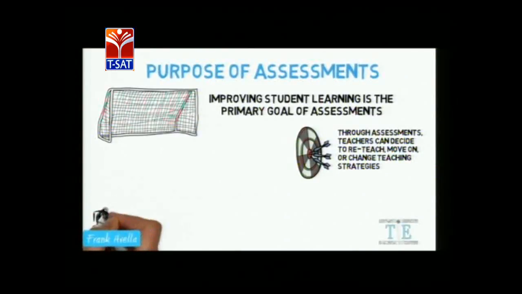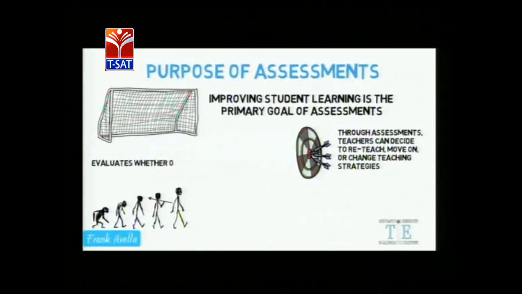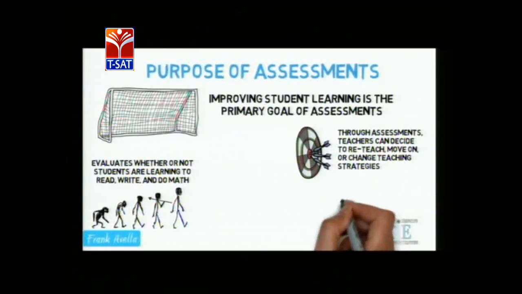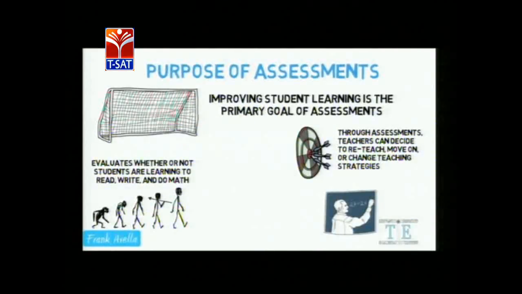Now, on a larger scale, assessments are used for evaluation as well, which is different. Assessments still evaluate whether or not students are learning to read, write, and do math. Standardized testing serves the purpose of identifying gaps within an entire school or a classroom. So assessments can identify deficits in both the classroom and schools.